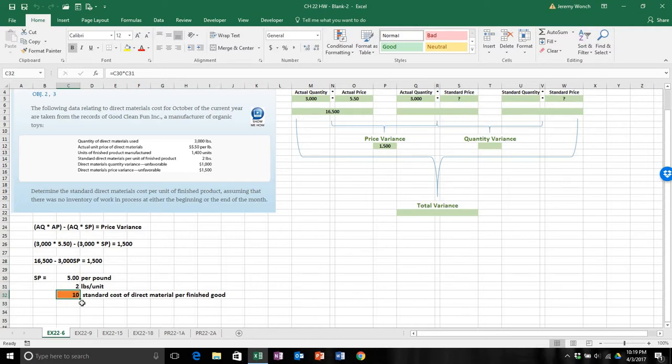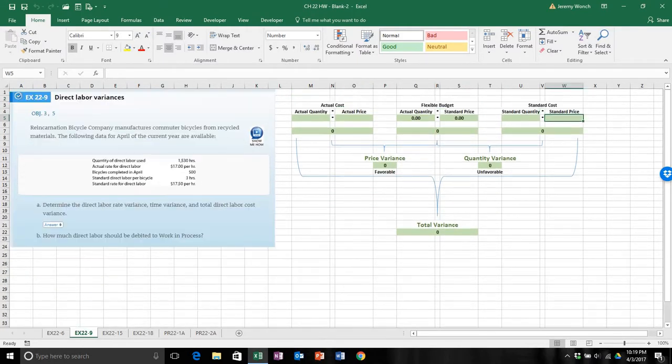For comparing, what it's saying is we planned on spending $8 in direct material cost, but what we actually spent was this 5.50 times 2, or 11. So we actually spent 11, and this is an unfavorable price variance of $1,500.